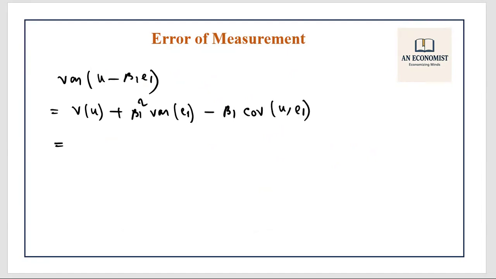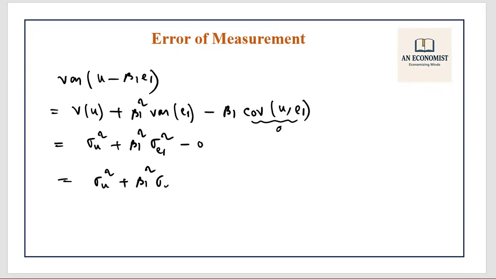So it is basically sigma U squared plus beta 1 squared sigma E1 squared minus, what will this be? This will be again 0. So this variance is simply sigma U squared plus beta 1 squared into sigma E1 squared.